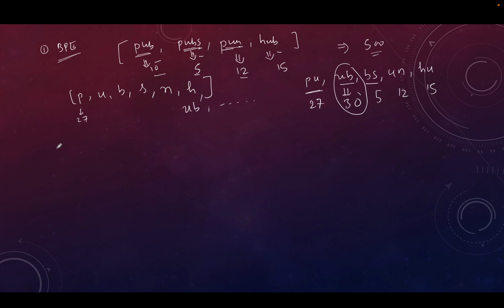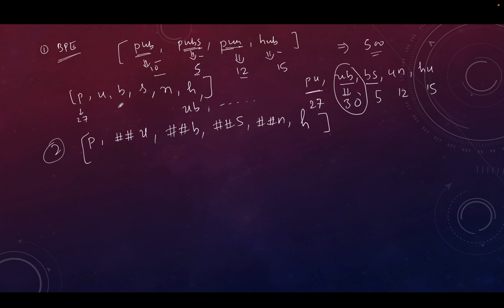It will start with P. P is the beginning of a word, and then it will have some special tokens, U, special characters, B, then S, N, and H.